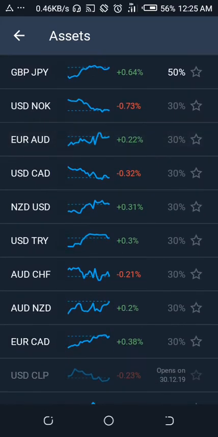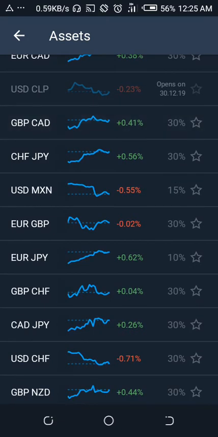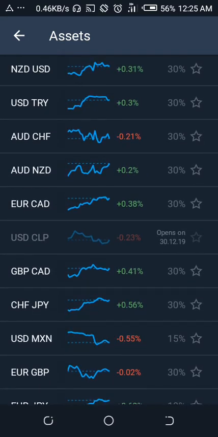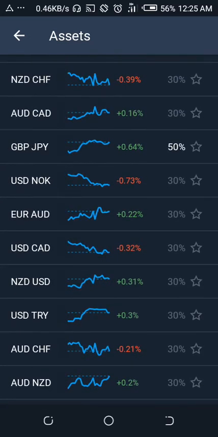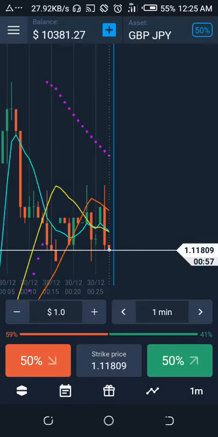It's because the markets are all yet to open fully. But right now, the current one of high profit margin and high profit returns, that is ROI, return on investment, at 50%, is GBP JPY.